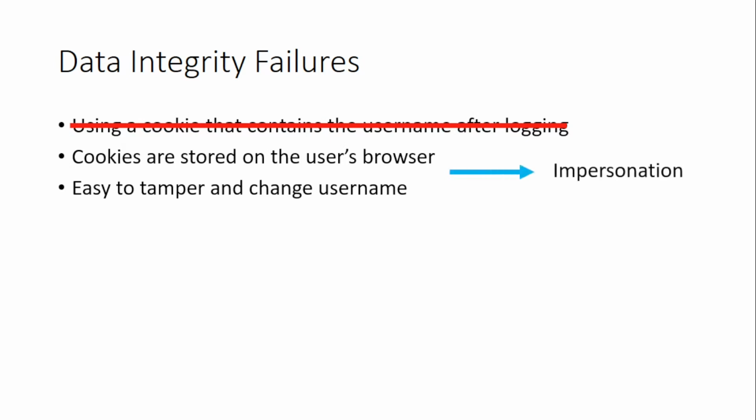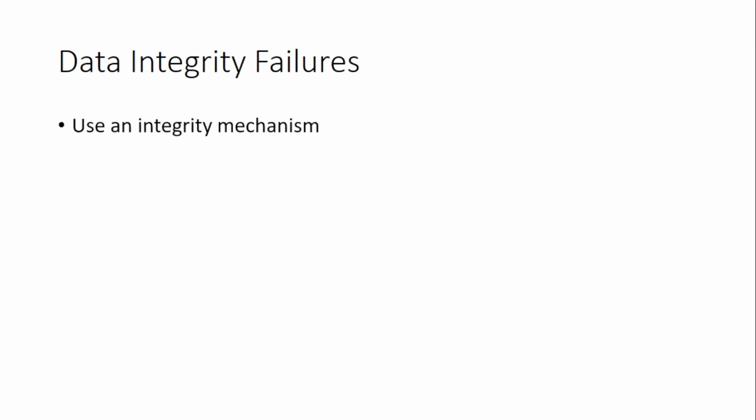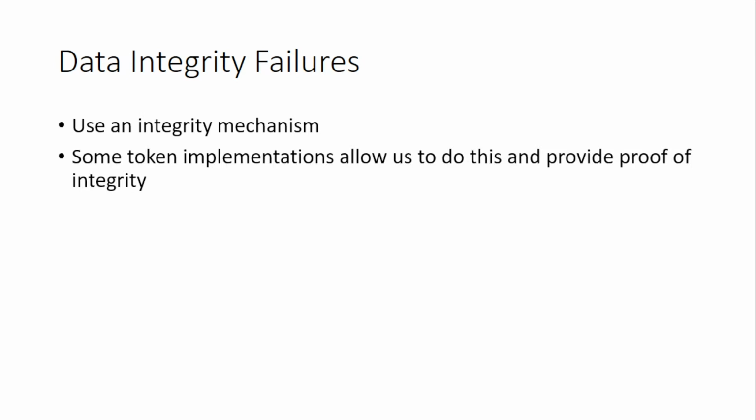And so an attacker can impersonate another user. So one solution is to use some integrity mechanism to guarantee that the cookie hasn't been altered by the user. And to avoid reinventing the wheel, we can use some token implementations that allow us to do this and provide proof of integrity. One of these implementations is JSON Web Tokens, or JWT.